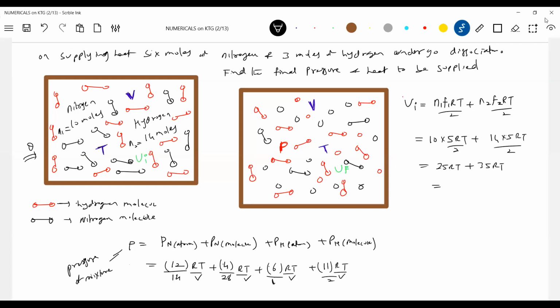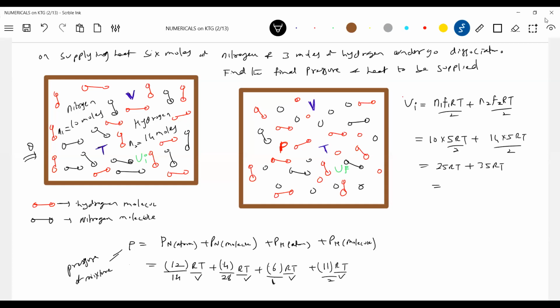Sir, you wrote 12 by 14 and all that, that shouldn't come now, because they gave moles only. PV equals nRT, no? Yes, sir.